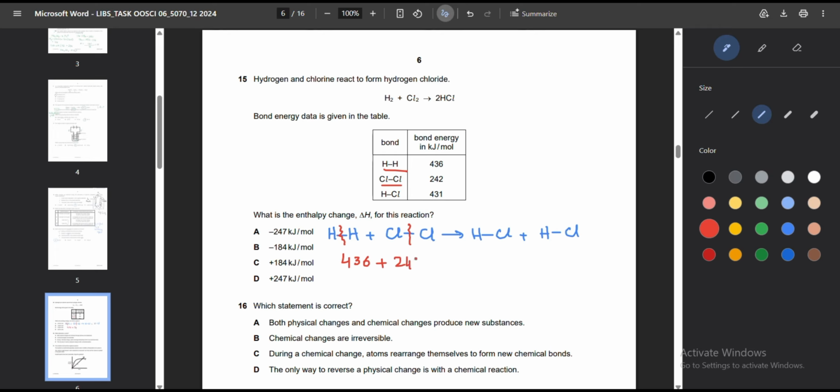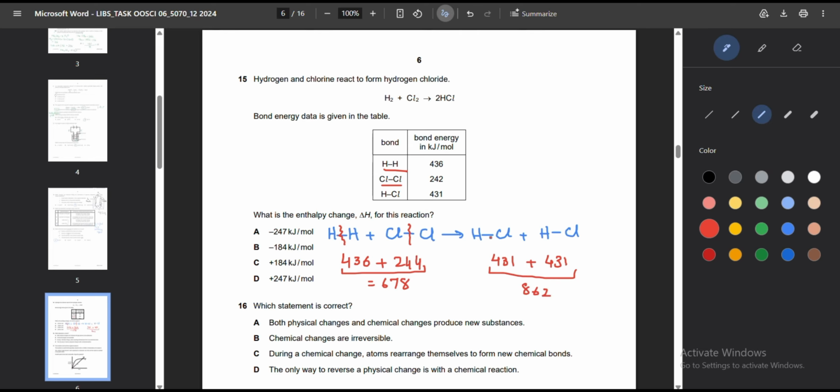Just add them. Your answer will be 678. And for the HCl it is 431 plus 431, because two new bonds are formed. Their sum would be equal to 862.